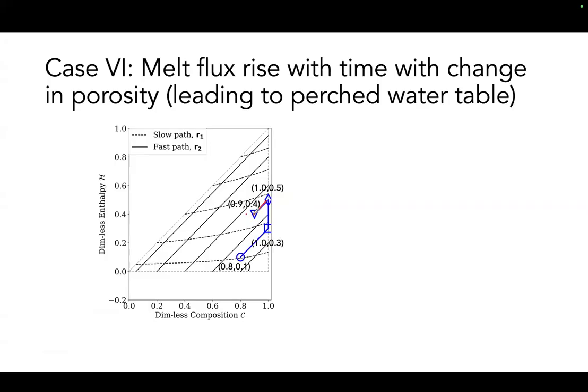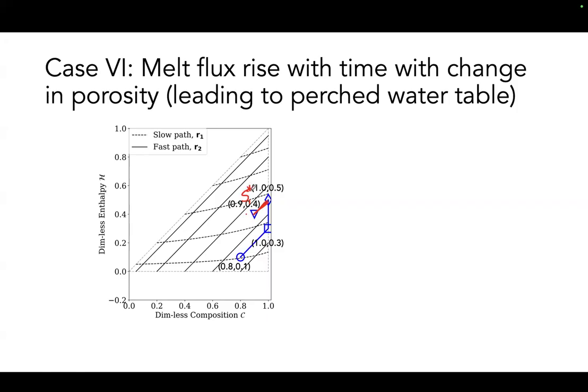So this is a special case where hyperbolic wave theory fails, and you have to include the effect of elliptic partial differential equation or the effect of perching. So from left state, there is a line parallel to this line of constant porosity along the fast path, and that interestingly is a shock wave, and that shock wave does not go down, but instead it goes up.